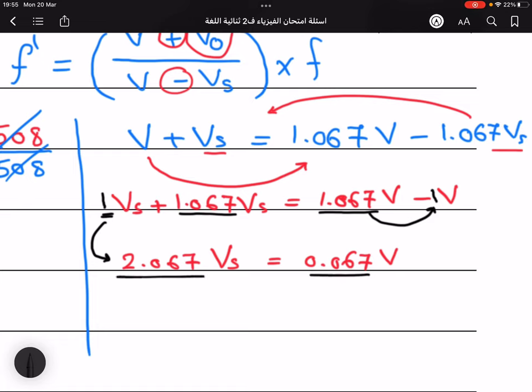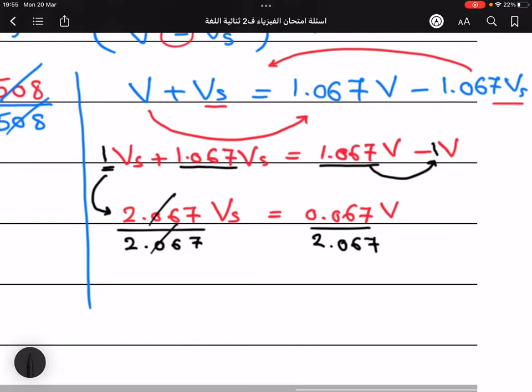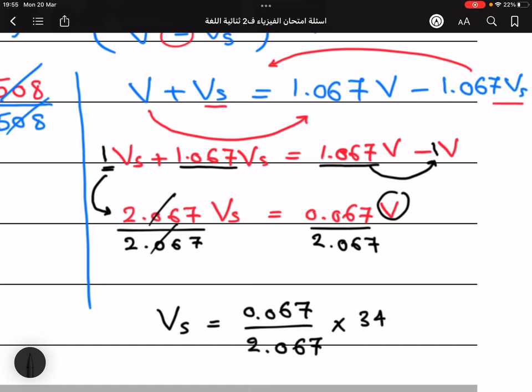Now I'm dividing by 2.067, here also, and this cancels this, so Vs equals 0.067 over 2.067 times V. This is the velocity of the sound, which is 340.